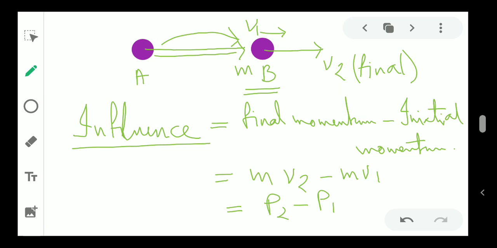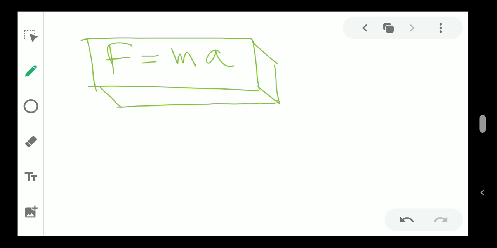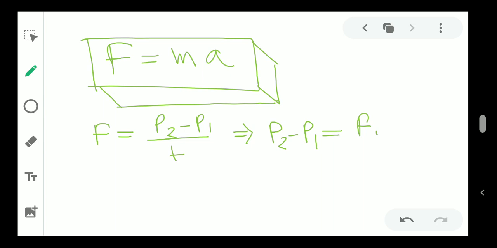So we can say that force is basically the rate of change of that object's momentum. One more thing is that we have seen that F equals P2 minus P1 by T. So from here we can get that P2 minus P1 is equal to F into T.